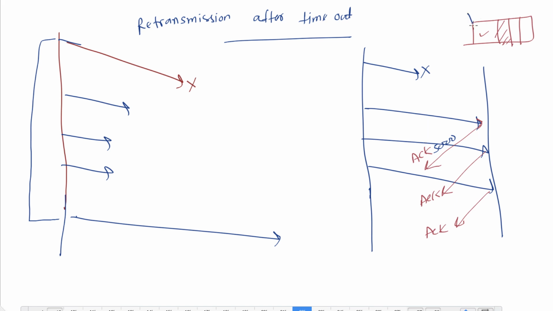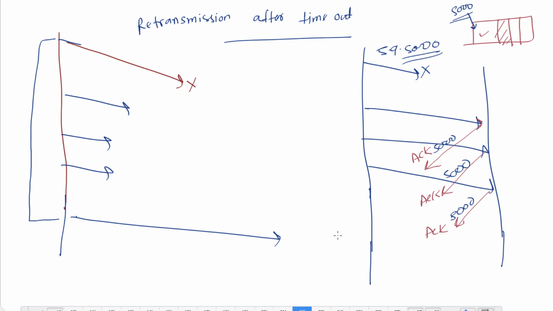The first byte is 5,000, which means the packet with sequence number 5,000 has been lost. So the receiver will again and again say, okay, I'm waiting for 5,000, I'm waiting for 5,000.